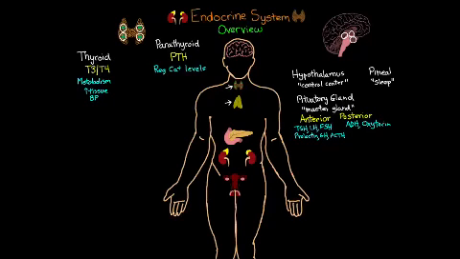Now the next organ that we're going to talk about is this one right here, and this is what we call the pancreas. Now, the pancreas is kind of similar to the thymus in the fact that it doesn't actually take signals from the pituitary gland in order to function and do its job. That's because the pancreas is responsible for the secretion of insulin and glucagon.